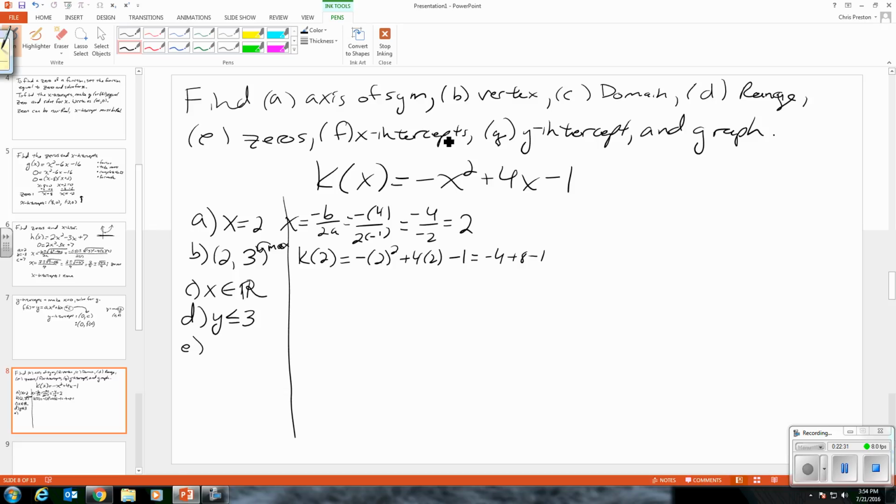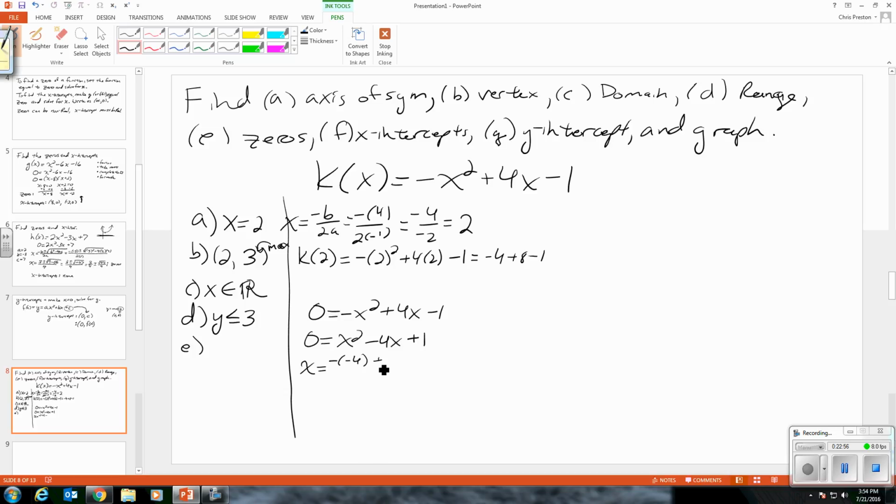E. What are we doing? Zeros. So we're going to set this equal to 0. Negative x squared plus 4x minus 1. Don't like that negative there, so why don't we just change all the signs? Multiply everybody by negative 1. 0 times negative 1 is still 0, so that doesn't change it. Non-factorable, so I'm just going to go ahead and use the quadratic formula.